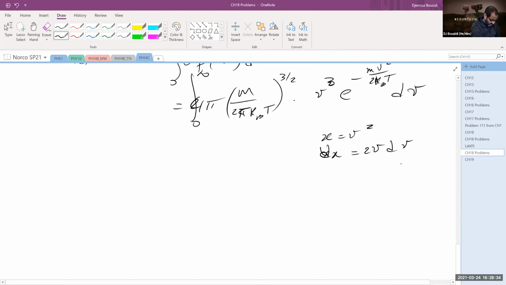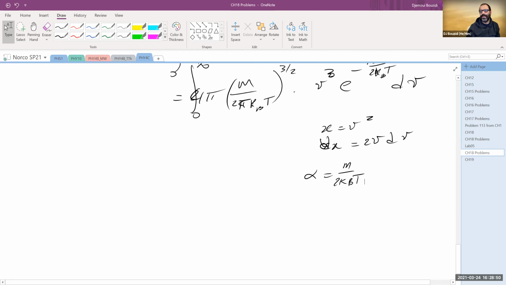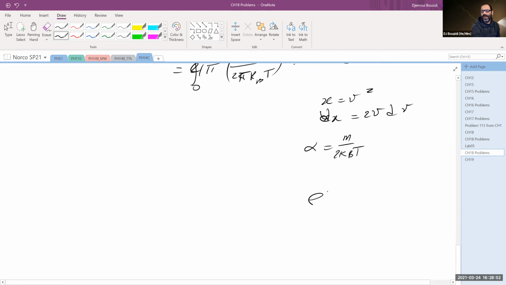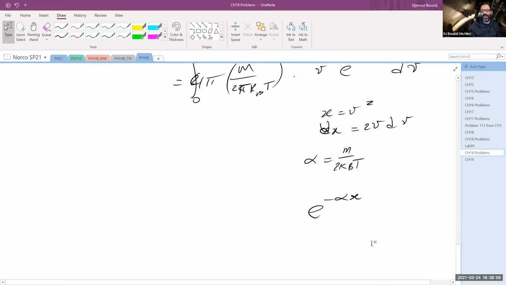Of course, you define also alpha in the same fashion as you defined it before. Alpha is going to be just m over 2 kBT. So this is going to be exponential of minus alpha x, because v squared itself is x, and this whole thing is just alpha. So it's going to be exponential of minus alpha x, and now v dv is just dx over 2. So this is divided by 2 times dx.